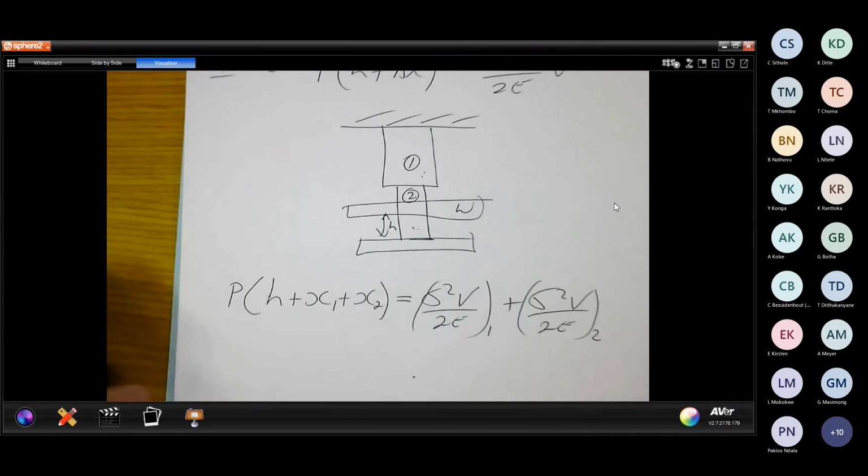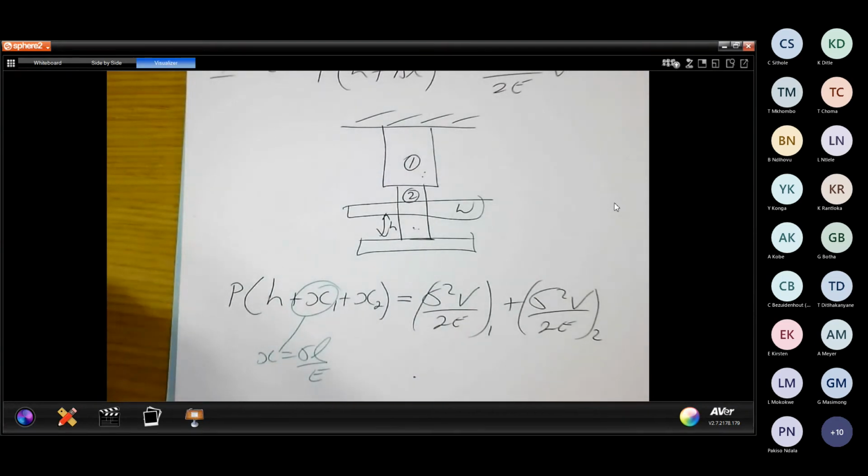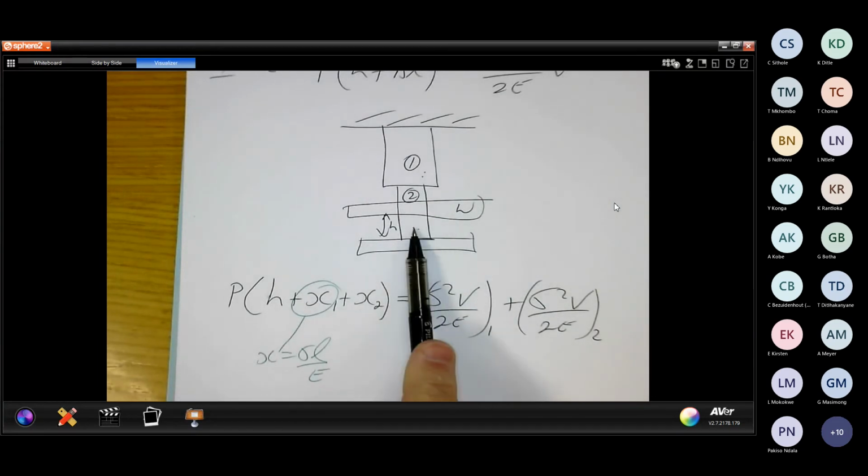Now again, we know this X is equal to stress times L over E. That we know. Now again, there will be two unknowns because there's a stress 1 and a stress 2. But I said to you, I want the maximum one, which means I want stress 2. Because I have two unknowns, now I must start looking at what you have learned at school.